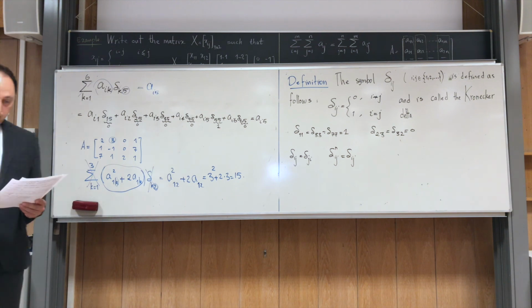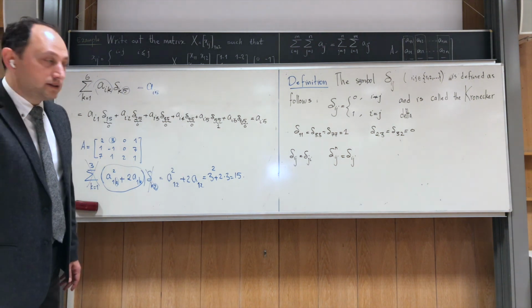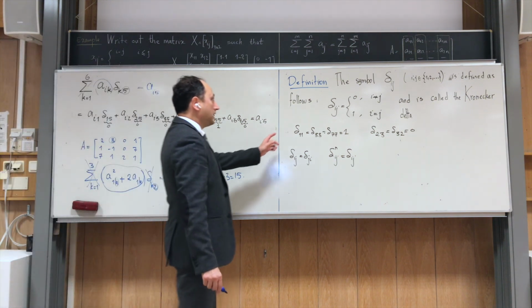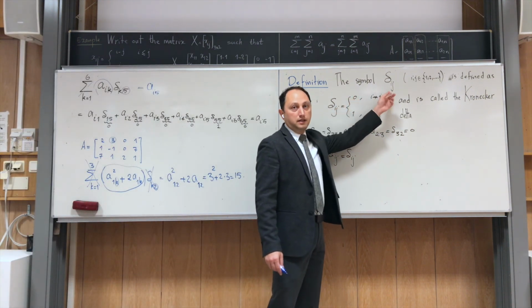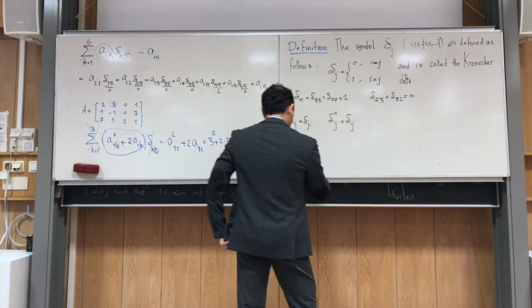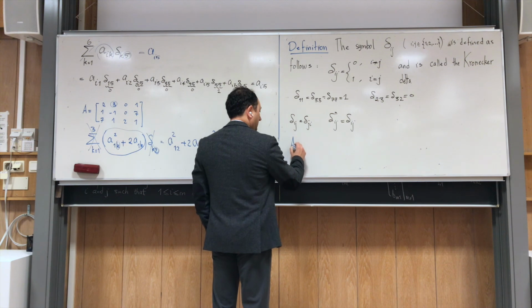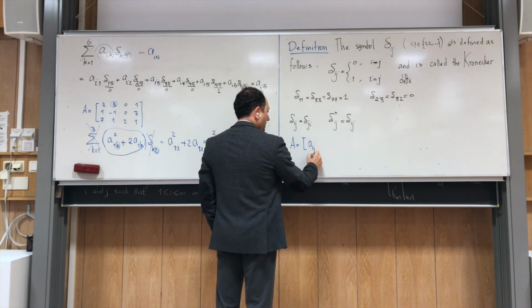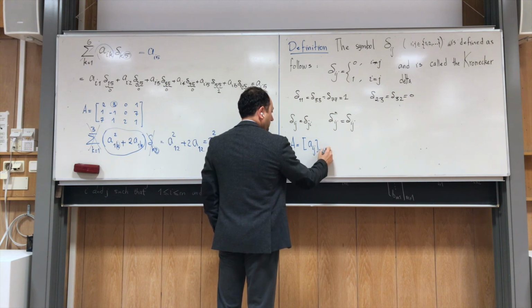So the reason that this Kronecker delta becomes important in matrix theory is because I can write the identity matrix in terms of it. Here I told you that in general, if I have an m by n matrix A, I can write it as A_ij, m by n.